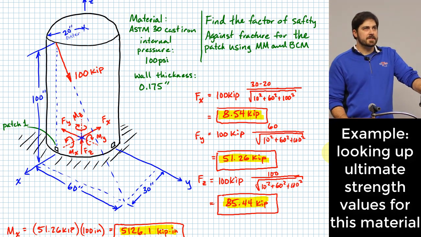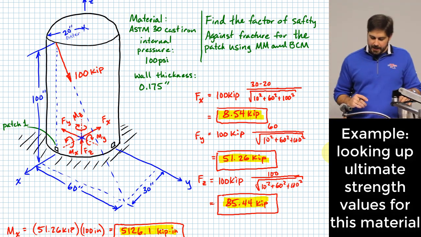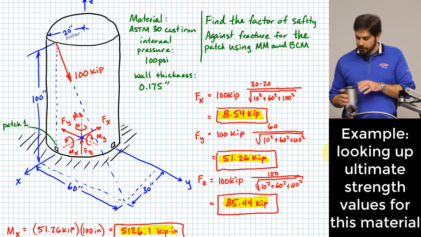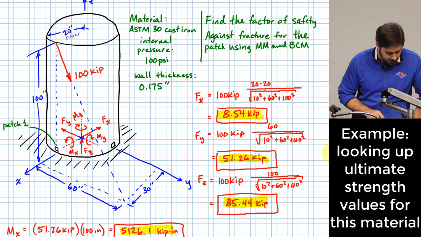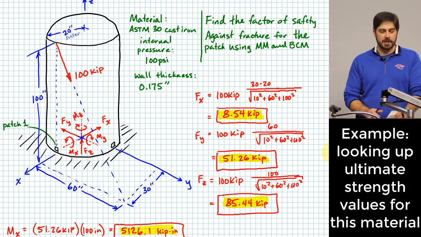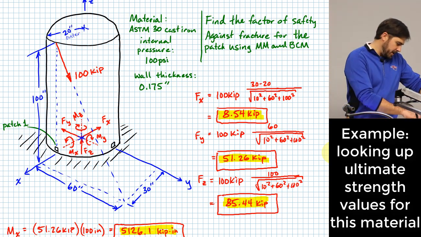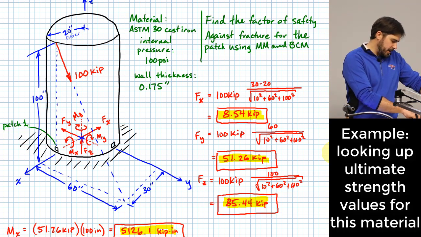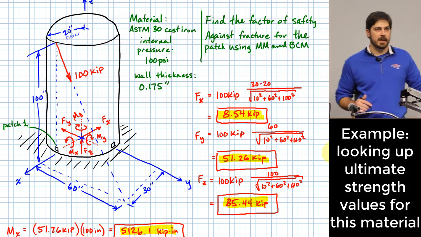All right. The next thing I'll do here, just while we're on this topic, let's go ahead and look up the material properties for ASTM 30 cast iron. We do have a table for this in the back of Shigley. ASTM 30 has a tensile strength of 31 KSI and a compressive strength of 109 KSI.